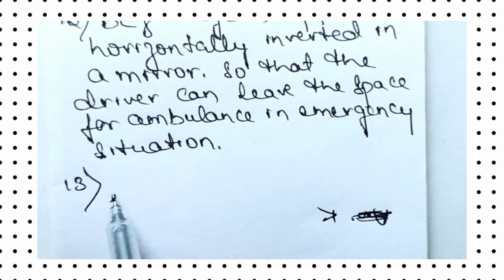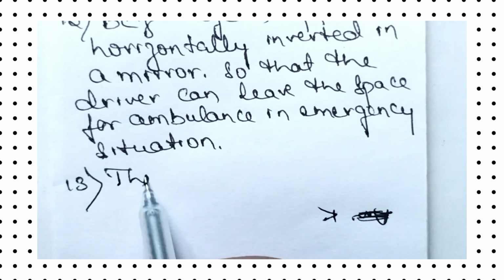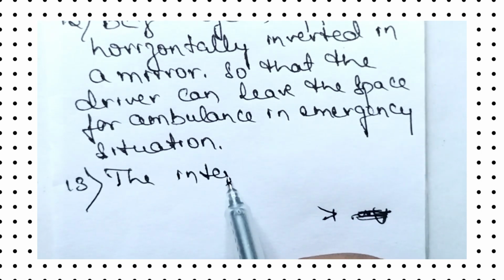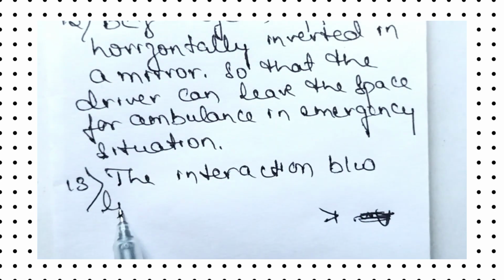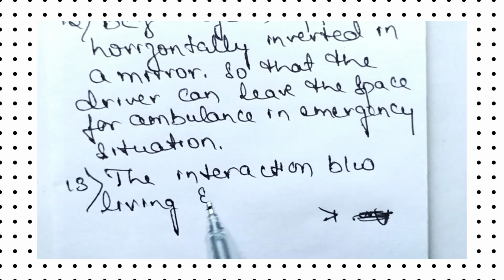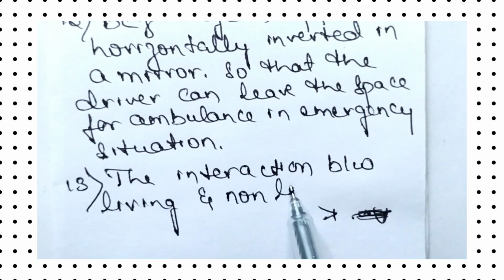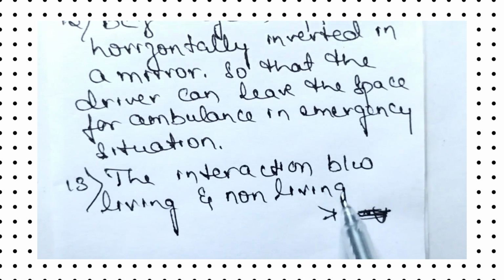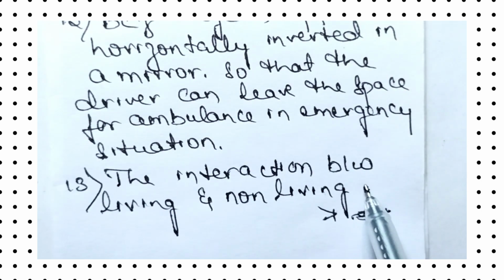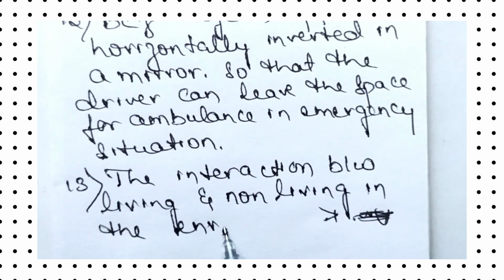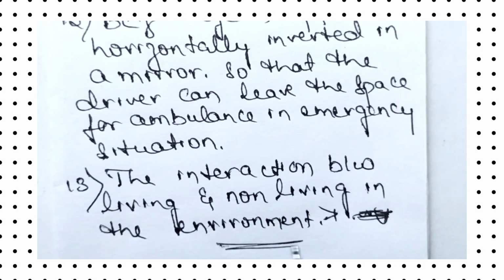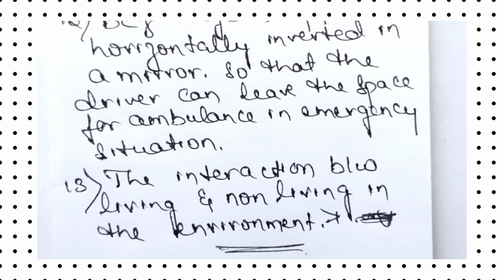Ecosystem is defined as the interaction between living and non-living in the environment. The interaction between living and non-living in the environment is called an ecosystem. So there will be an interaction between them.